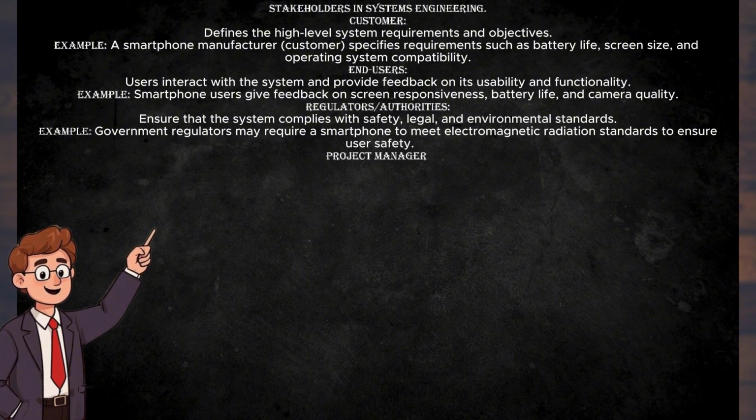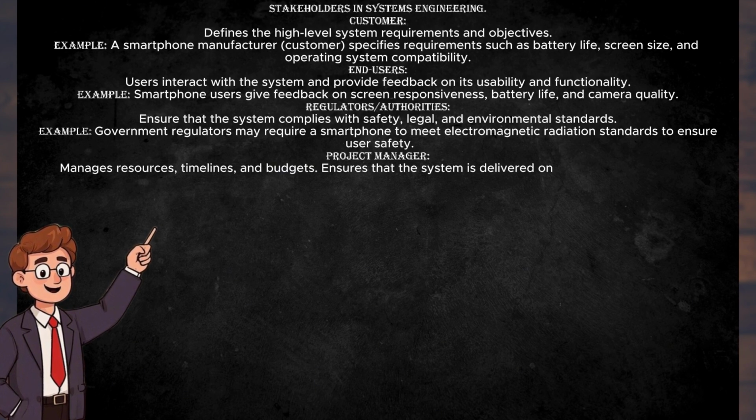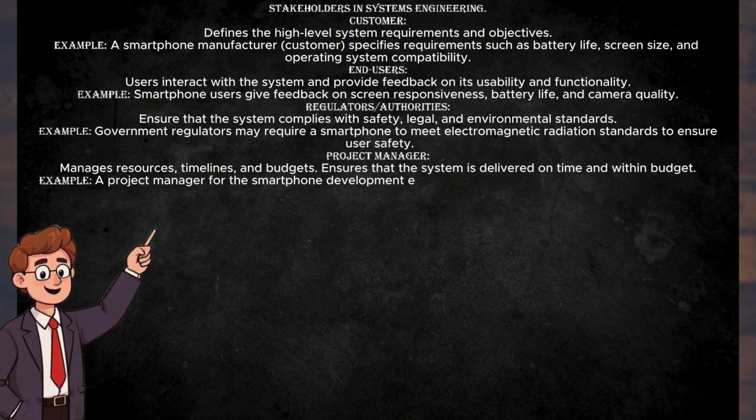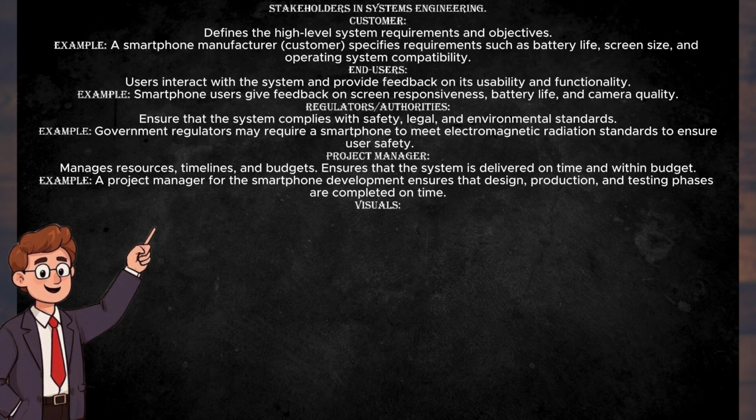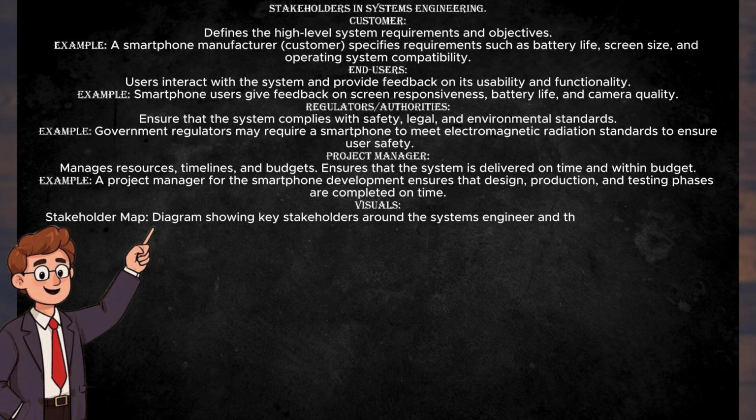Project manager, manages resources, timelines, and budgets, ensures that the system is delivered on time and within budget. Example, a project manager for the smartphone development ensures that design, production, and testing phases are completed on time. Visuals, stakeholder map, diagram, showing key stakeholders around the systems engineer and their relationships to the system.